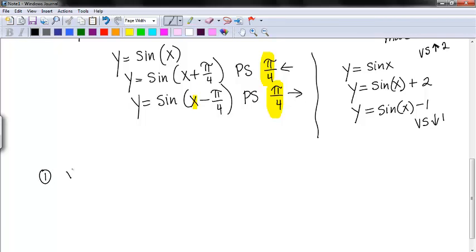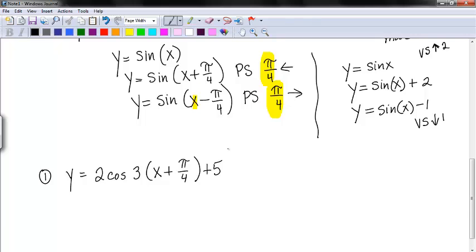Say I give you y equals 2 cosine 3 x plus pi over 4 plus 5.